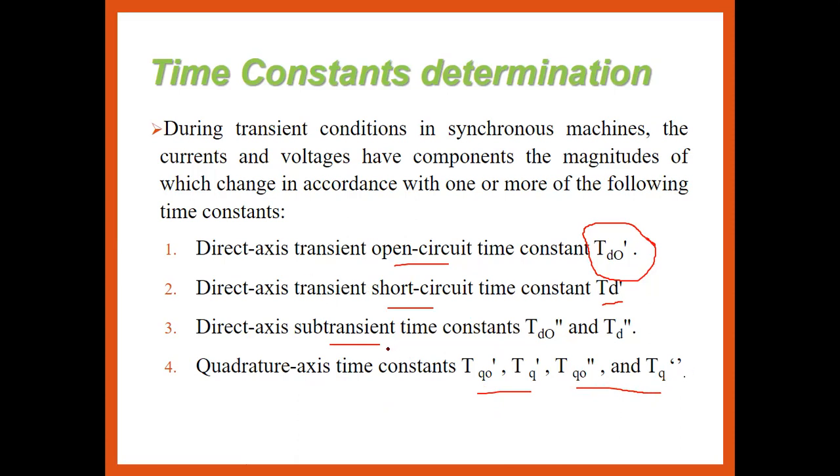That is for the direct axis open circuit under the transient condition, then the subtransient condition, and then the quadrature axis transient condition and the quadrature axis subtransient condition.